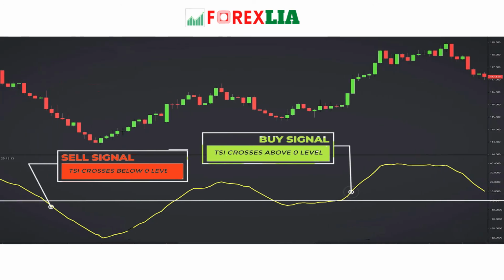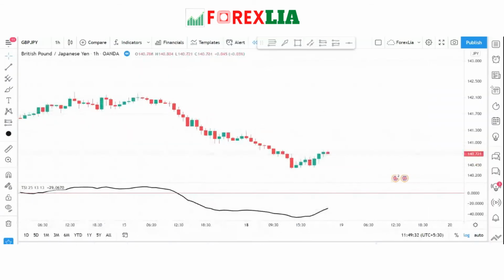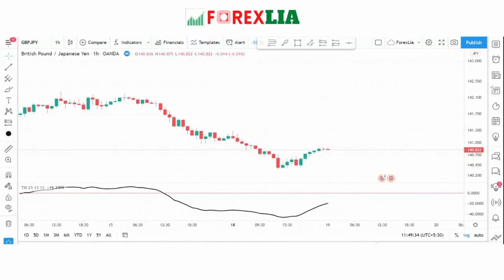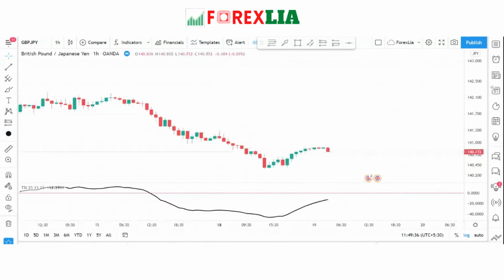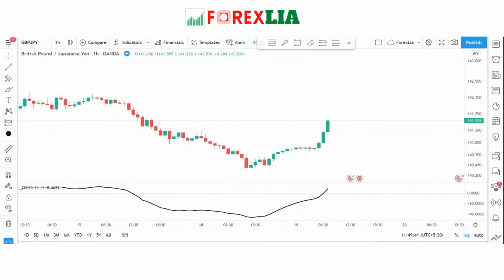A signal to sell is generated when the TSI crosses below the zero line. Now here is the indicator buy signal confirmation. We place a buy trade here.